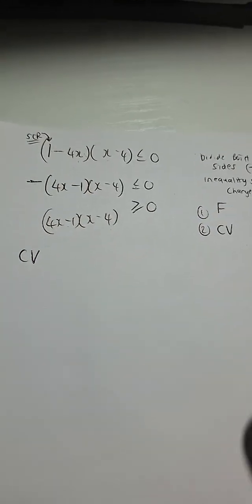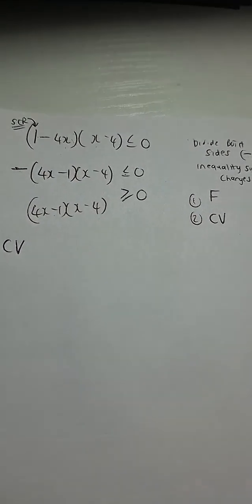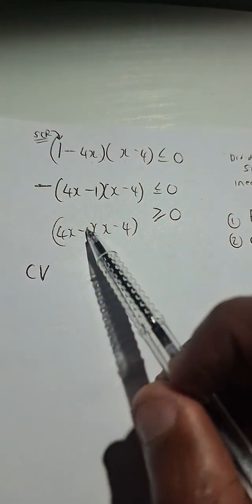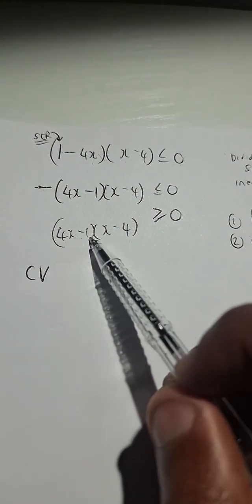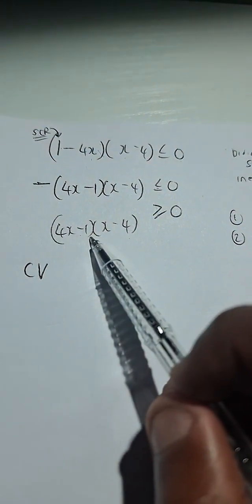Then after our factors are sorted, as you can see, these are our factors, we then need to write down our critical values. If you remember, our critical values are also referred to as our roots. So what would be the root typically if this was an equation?